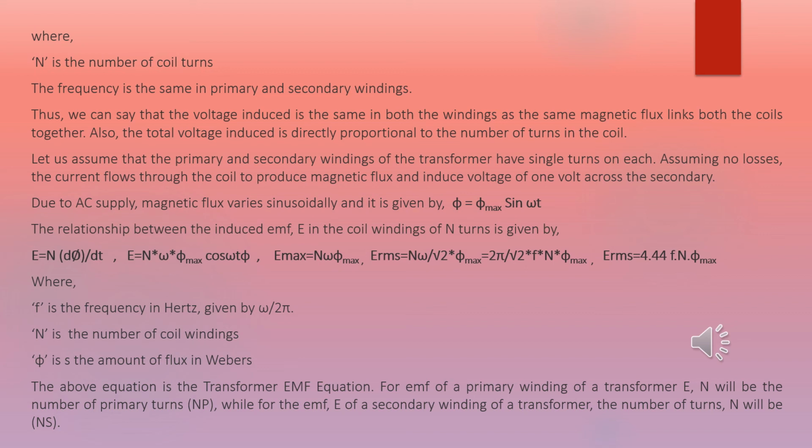For EMF of a primary winding of a transformer, N will be the number of turns, while for EMF of secondary windings, the number of turns will be Ns. Np is the primary side winding, Ns is the secondary.